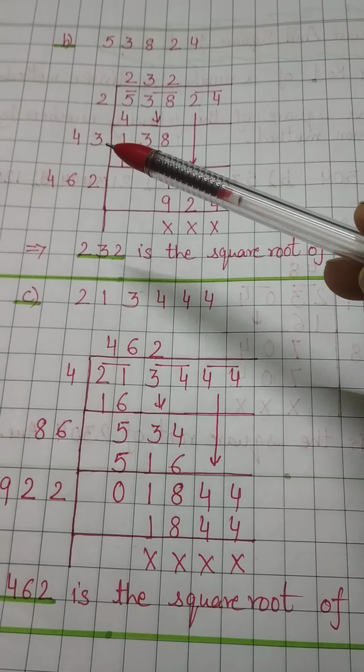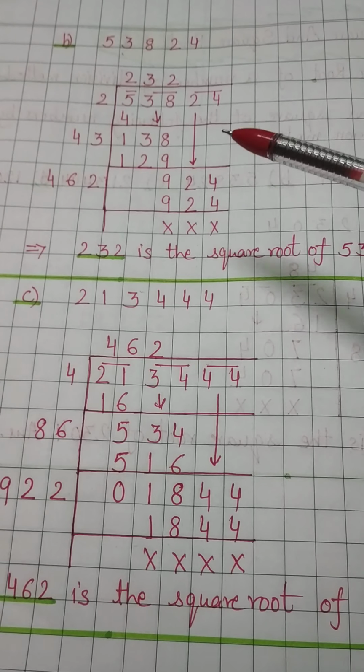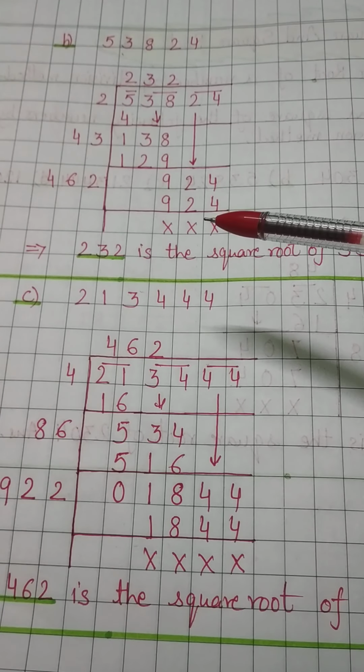So we will multiply it by 3, so 3 3s are 9 and 3 4s are 12, so we will write 129. Understood? After this we will subtract this number, and after subtraction 9 and 24 in pair, we will just take down the number in pair, right?